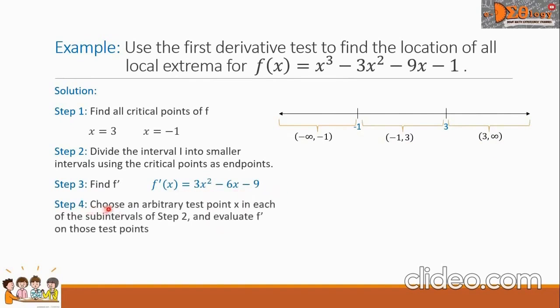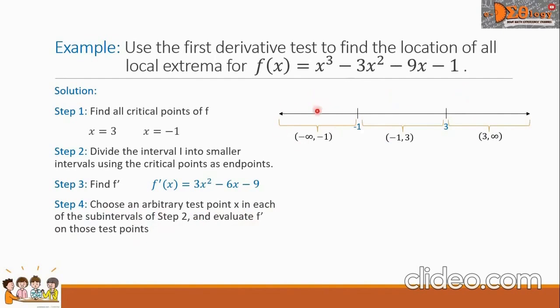Step 4, choose an arbitrary test point x in each of the sub-intervals of step 2 and evaluate f prime on those test points. We have 3 sub-intervals here. Let us choose an arbitrary test point on each of the sub-intervals.